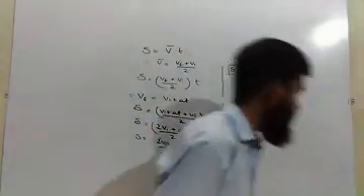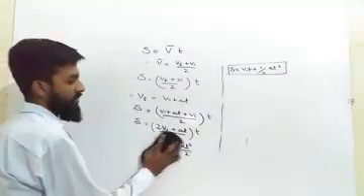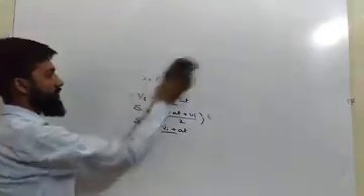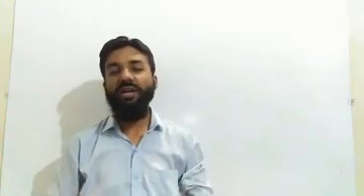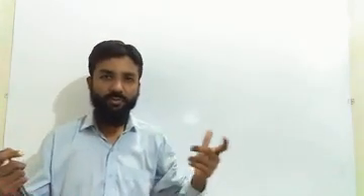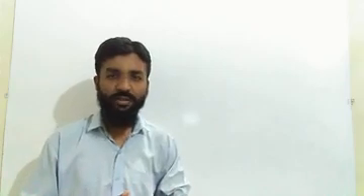Now we discuss the third equation of motion. Once again, suppose a body started with an initial velocity Vi. After passing some time, its velocity becomes Vf.